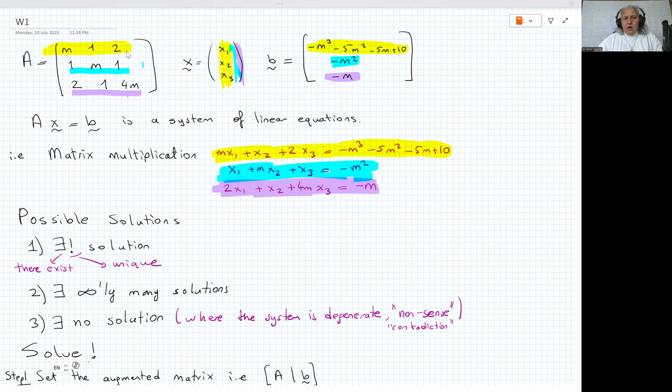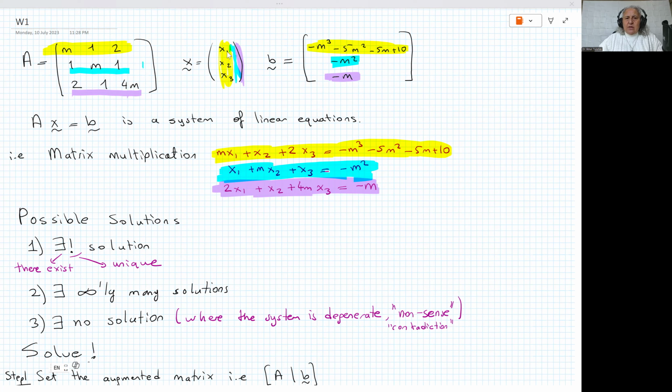So this row will be multiplied with this one and is equal to B. This is what it means. A matrix multiplied by the vector X is equal to matrix B.